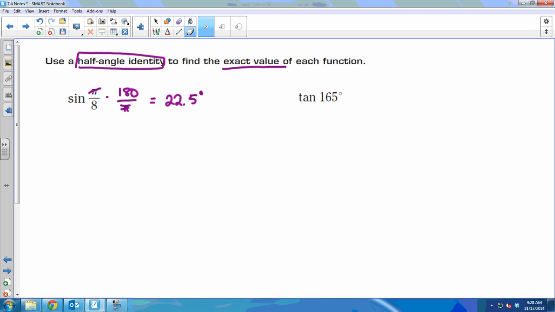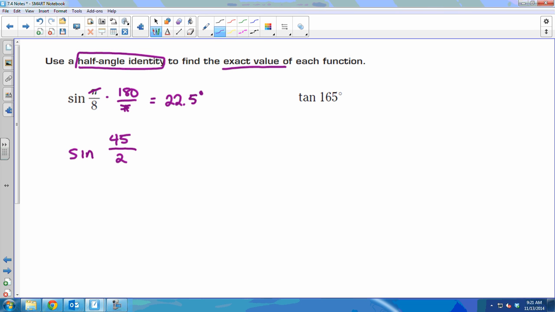So what's 22.5 times 2? 45. So instead of finding the sine of 22.5, I can find the sine of 45 divided by 2. 45 divided by 2 is 22.5. So now I have something from the unit circle that I can use, and there's an identity for this.